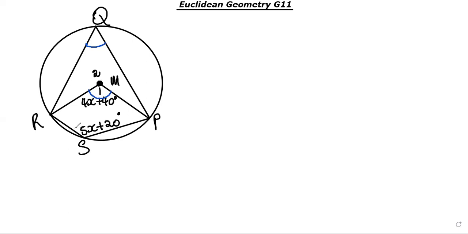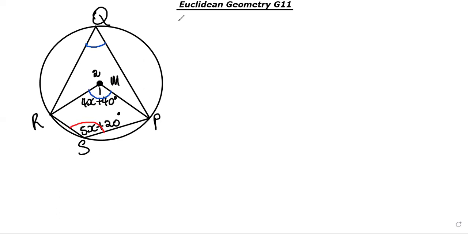And we know that the opposite angles of a cyclic quad are supplementary. So we use that to find the numerical value of x, then we substitute it into the size of angle Q to get the numerical value of angle Q. So let's do exactly what we said.